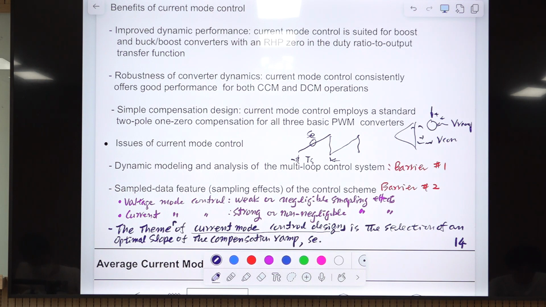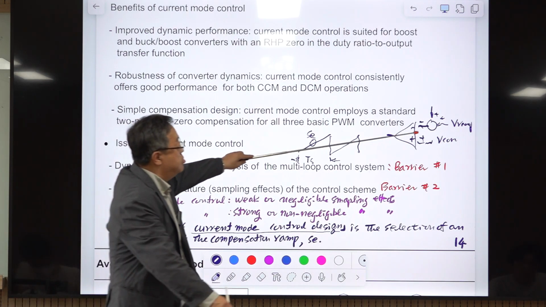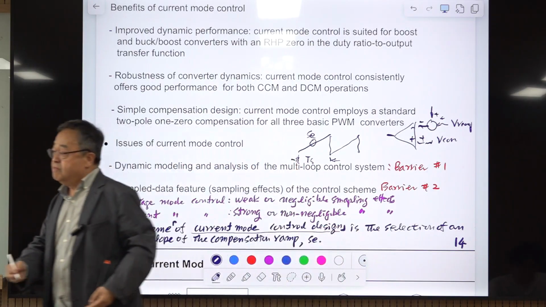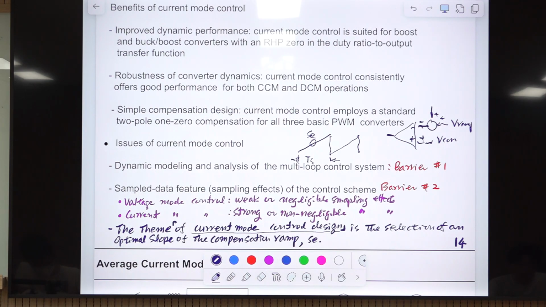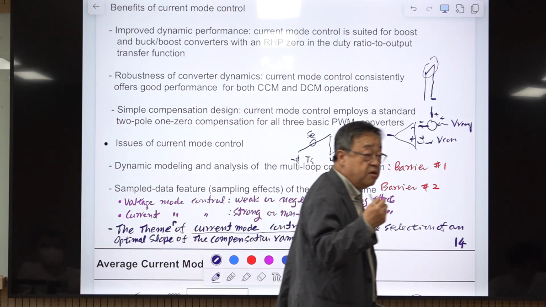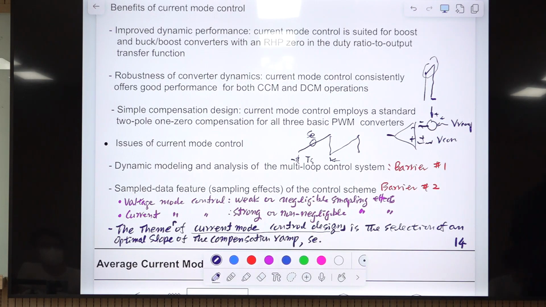This is plus and this is minus. So this is a PWM block. This can be considered constant because everything is fixed. But this signal is derived from this part, the switch current, the inductor current. This can change very rapidly. So we are using a fast varying inductor current signal as a member of the feedback mechanism.